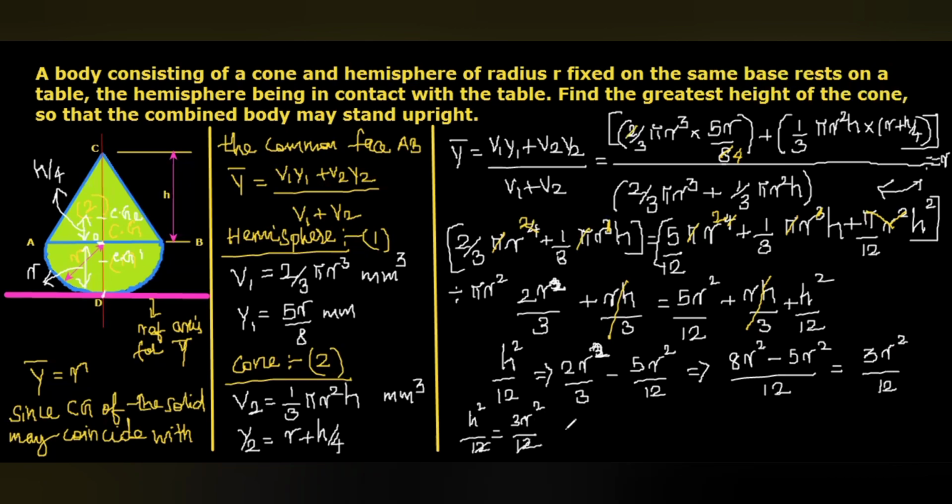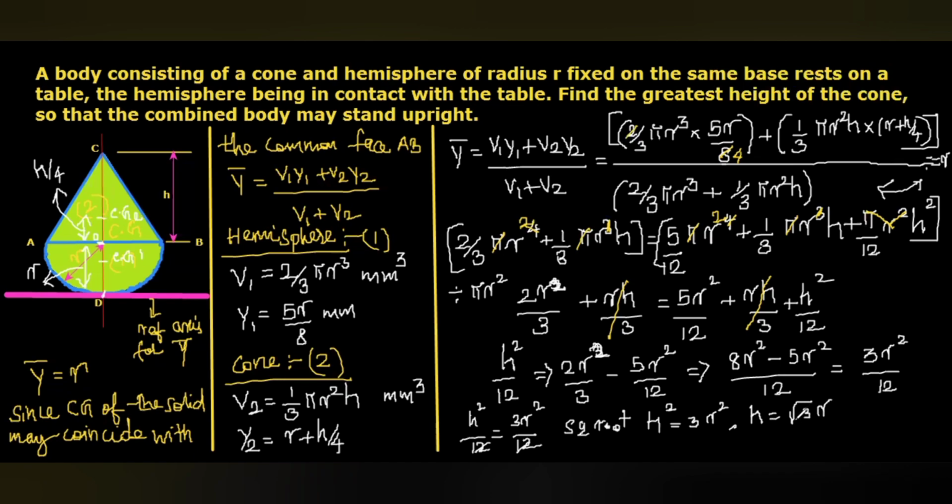Now h square equals 3r square. Then when you take the square root, h equals root 3 r. And we know the value of root 3, that is 1.732 r.